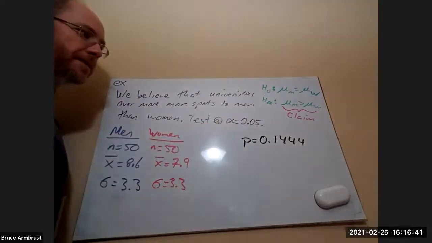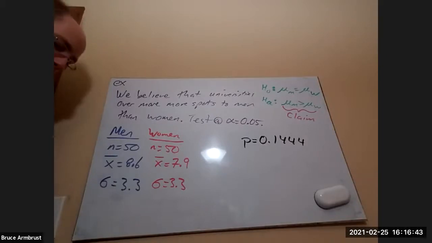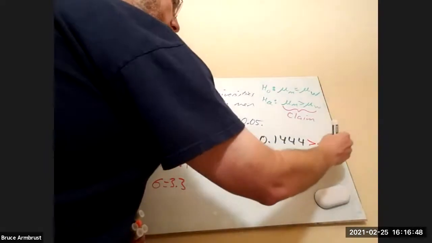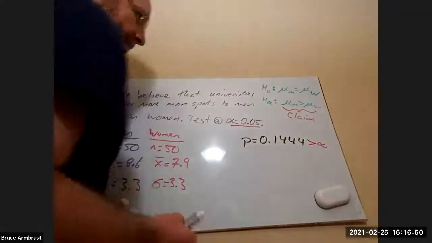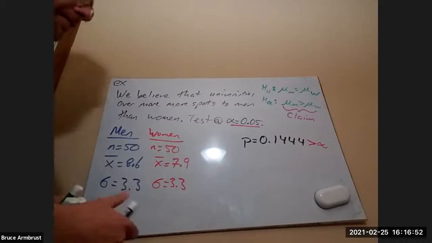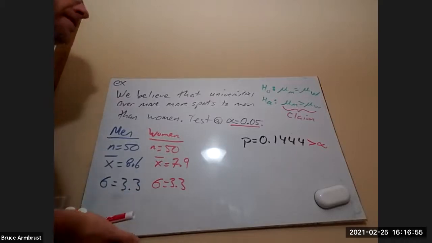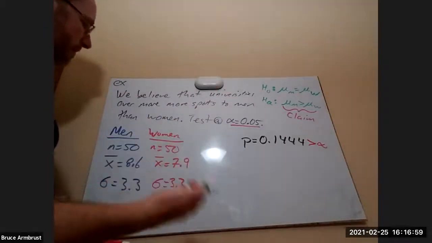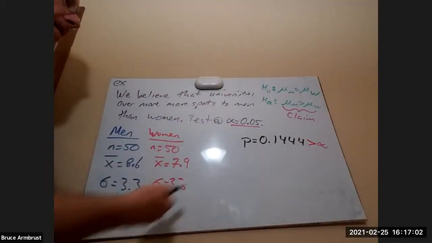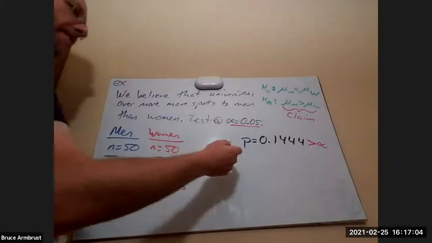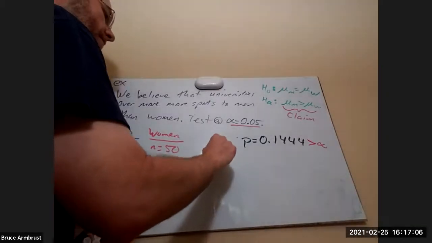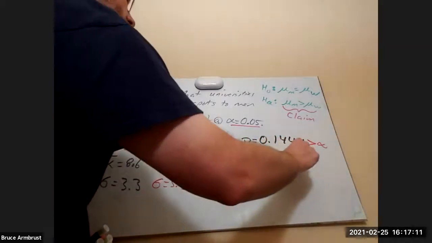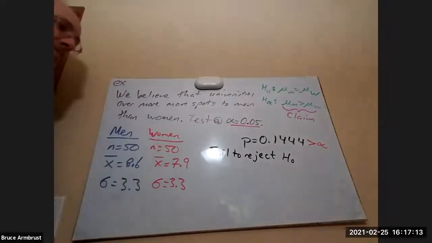We compare this against alpha, and we see that this is actually bigger than alpha. The alpha right above is 0.05. So we're going to do the same thing that we do with a one-sample hypothesis test. Since P is greater than alpha, this tells us that we're going to fail to reject H naught.